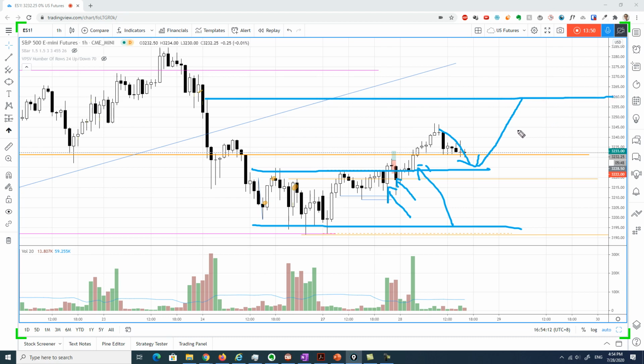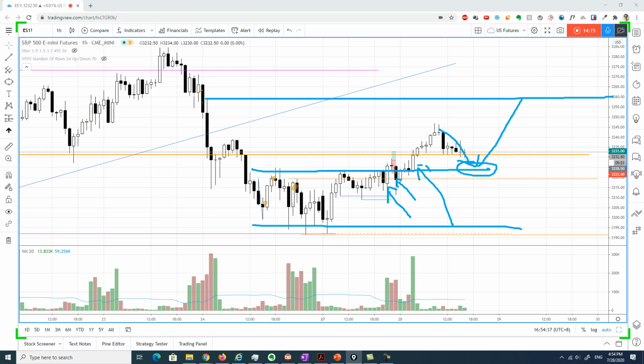All right, so I think there's a possibility to initiate a potential long entry around the 3225 level if we have a retracement down to that level. So for today's bias for day trading, definitely still relatively bullish, and for long term, definitely still bullish.